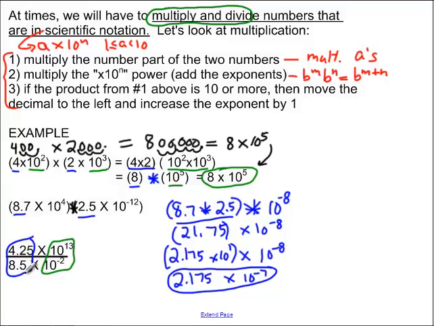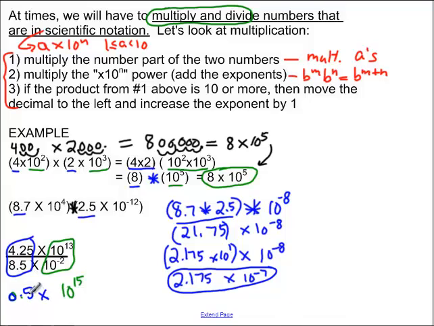What is that? We can pull out our calculators and say that would be 0.5 times 10 to the 13 minus a negative 2, because we're dividing. 13 minus a negative 2 is 10 to the 15th power. So there's my 10 to the 15th power.